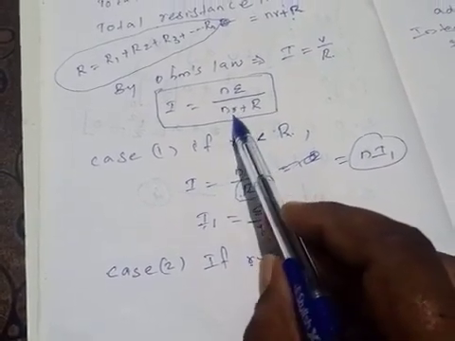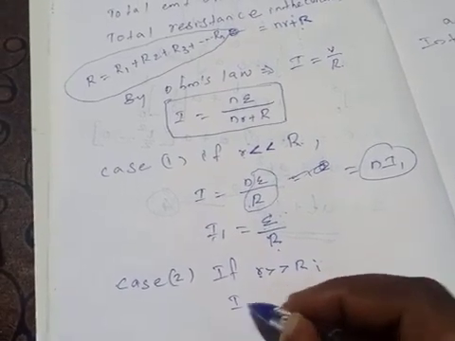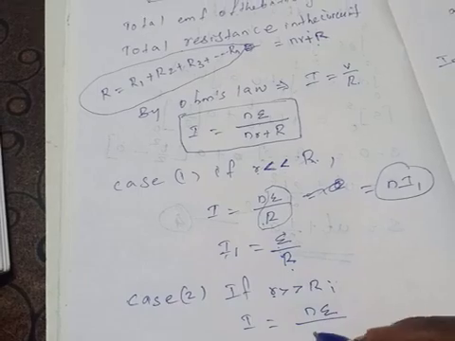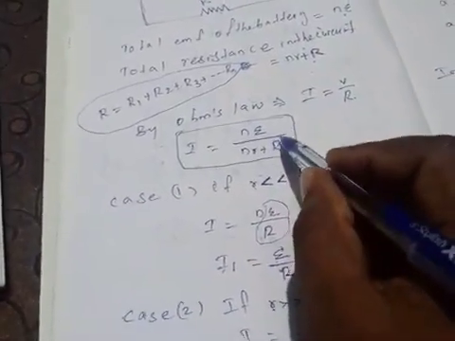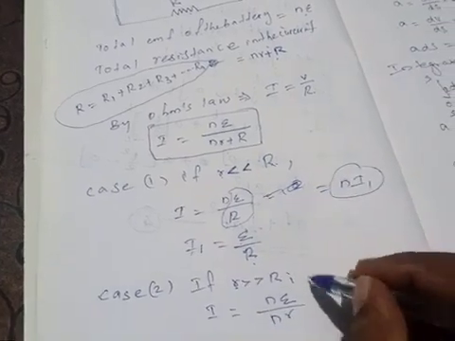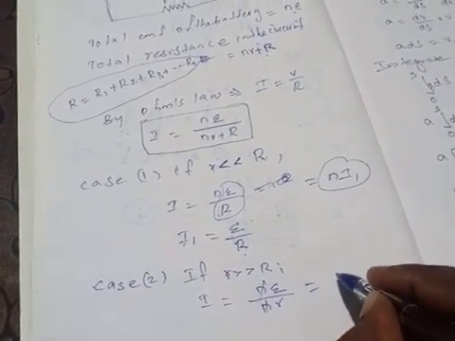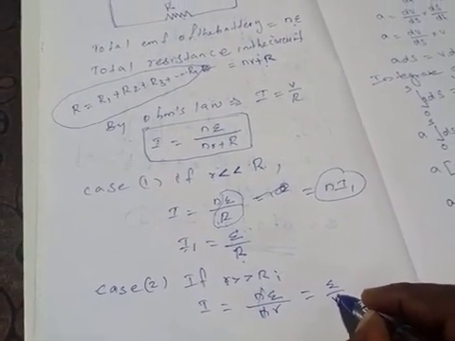From the formula, I is equal to n epsilon by nr, since R becomes neglected because it is very small. So n cancels, and we get epsilon by r.